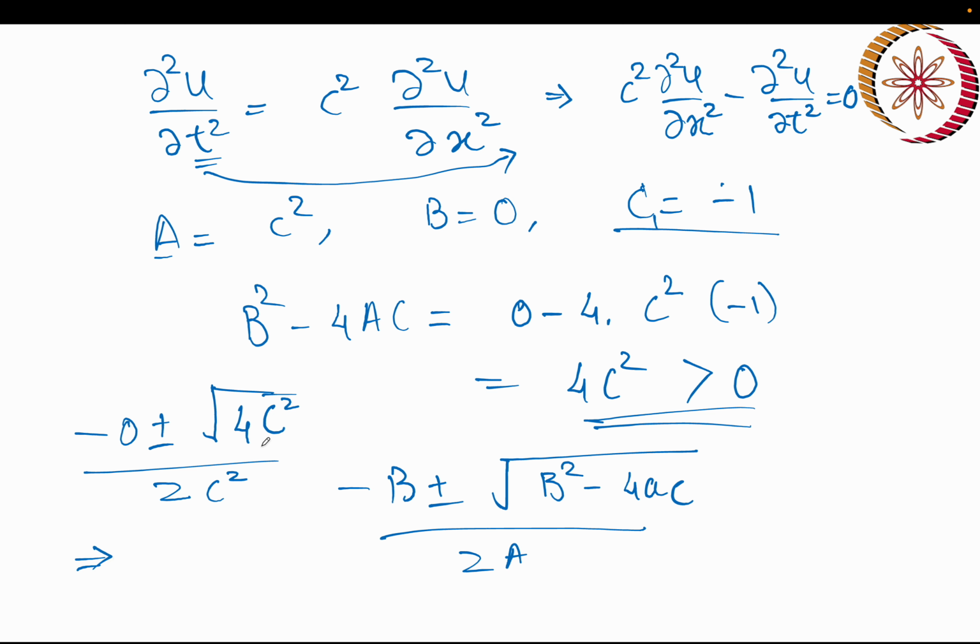So 2c divided by 2c square is nothing but 1 upon c.